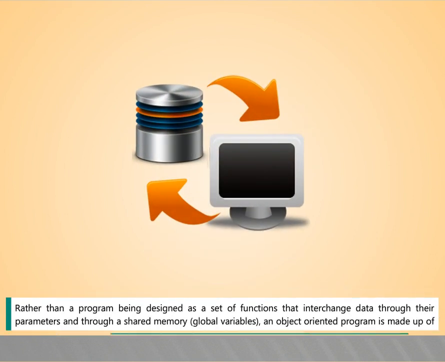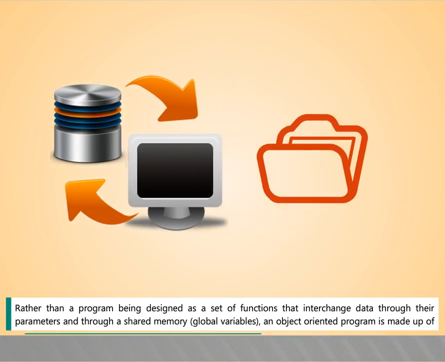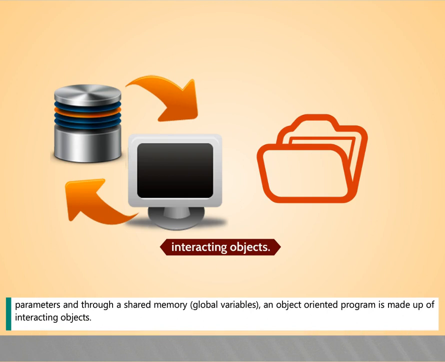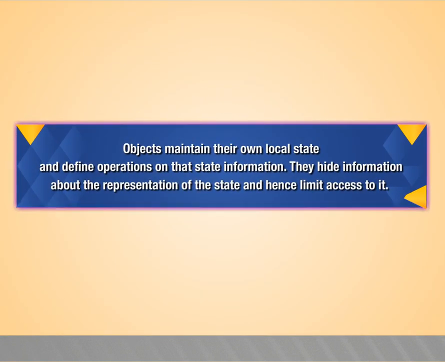Rather than a program being designed as a set of functions that interchange data through their parameters and through a shared memory, that is global variables, an object-oriented program is made up of interacting objects. Objects maintain their own local state and define operations on that state information. They hide information about the representation of the state and hence limit access to it.